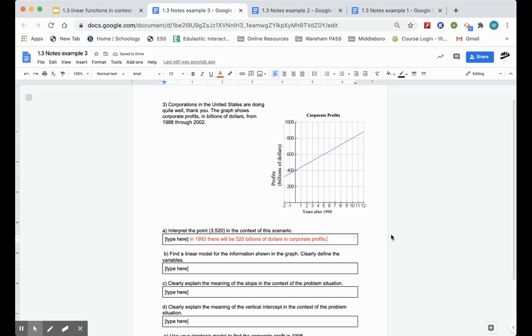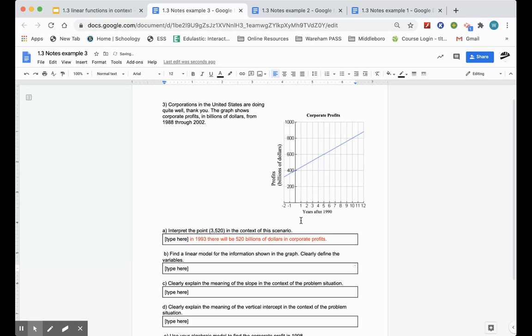Find the linear model shown in the graph. Clearly define the variables. The nice thing about the graph is it gives us our x and our y intercepts.